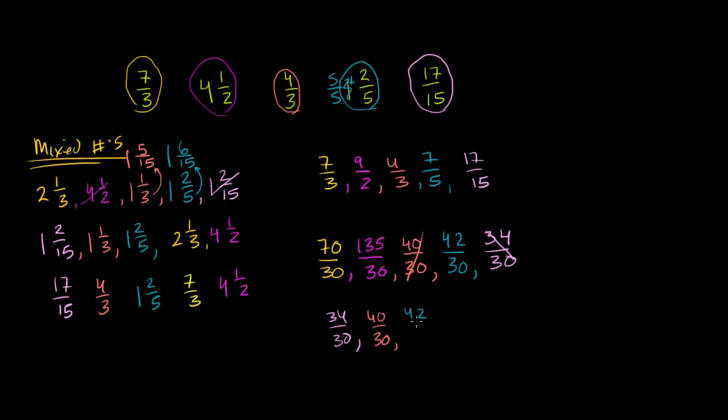And then the next smallest is 70 over 30. And then the largest is 135 over 30. And you convert these back down to what they were originally represented as, and you get this exact same ordering.